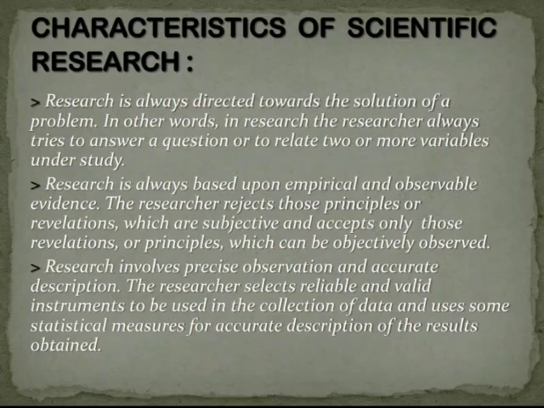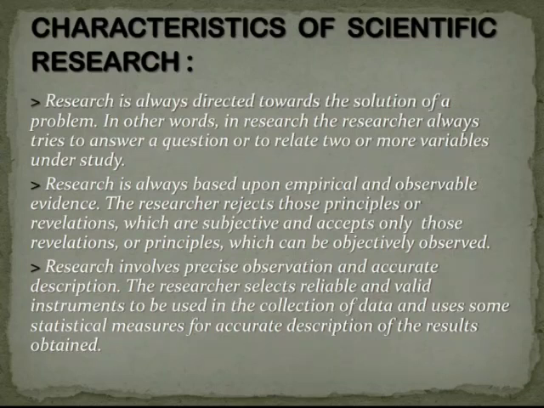This is very important, that research is not subjective. It is not based on personal feelings or personal emotions. It needs to be objective. So research is always objective, not subjective, and it is always based on empirical and observable evidence.